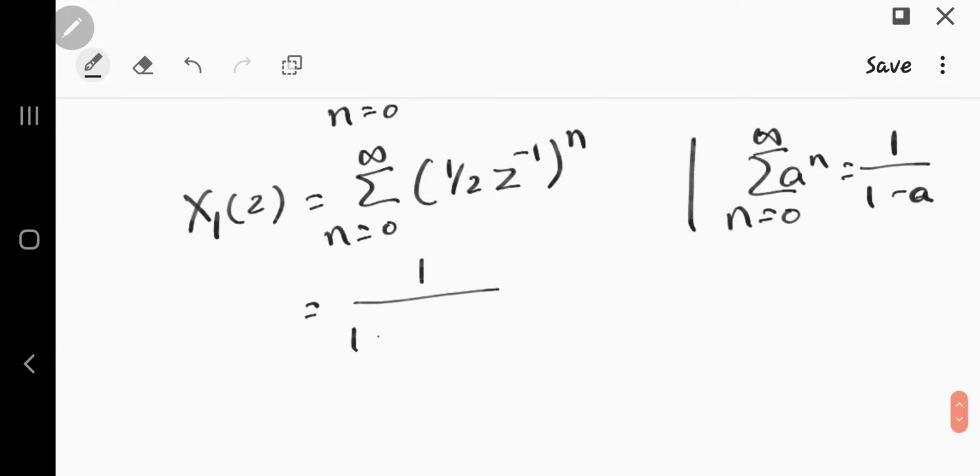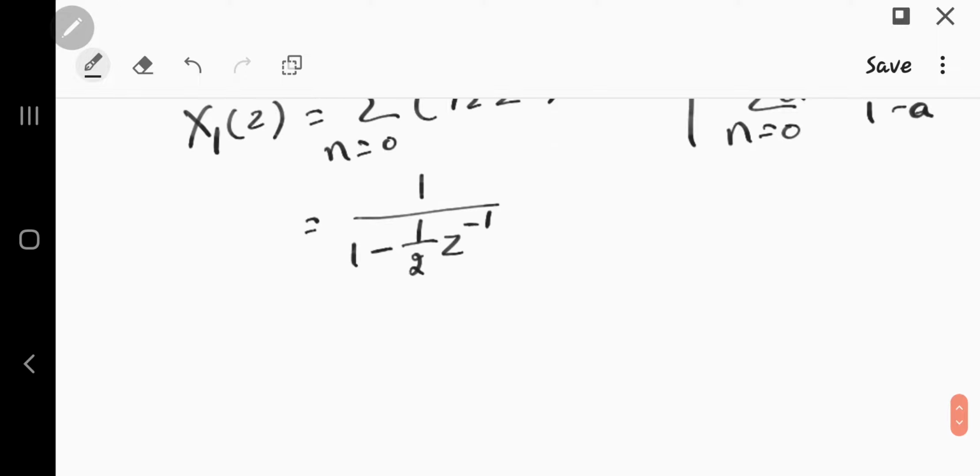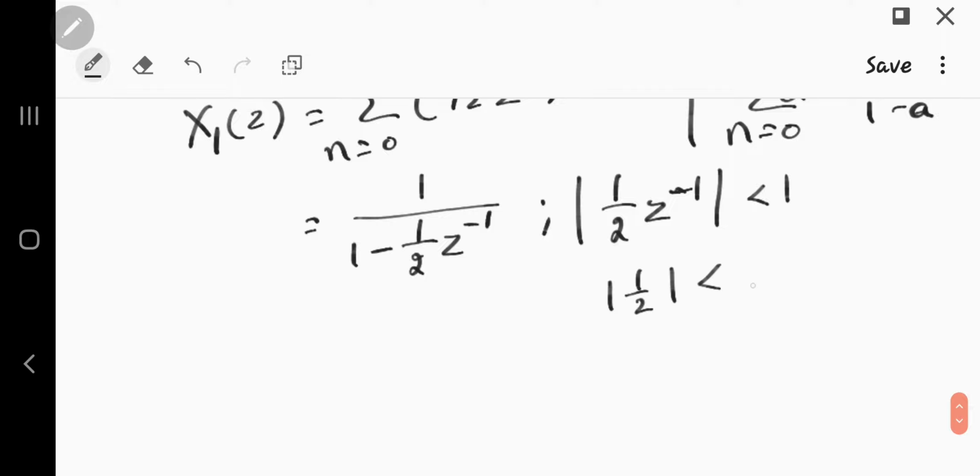Based on that we can write this as 1 divided by 1 minus (1/2) z^-1. And what about the ROC? It requires that |(1/2) z^-1| is less than 1, which gives |z| greater than 1/2.